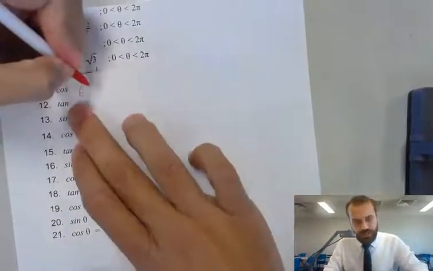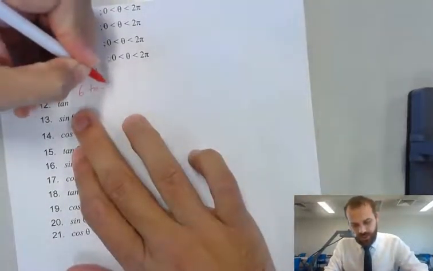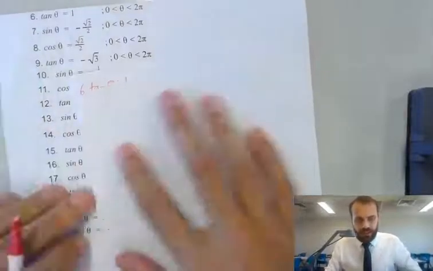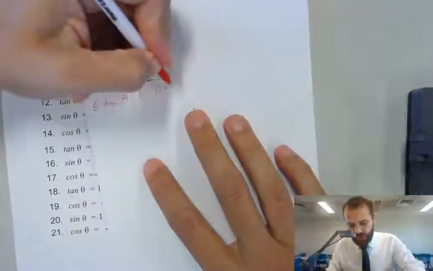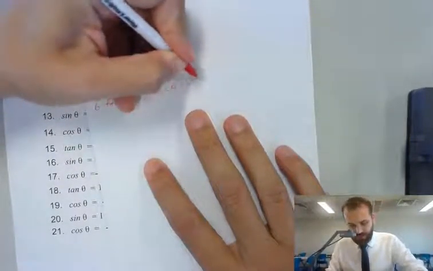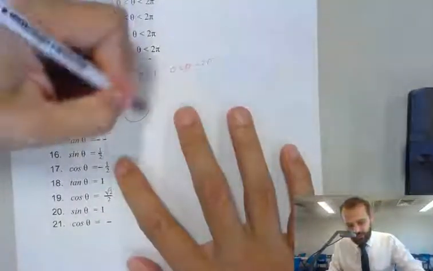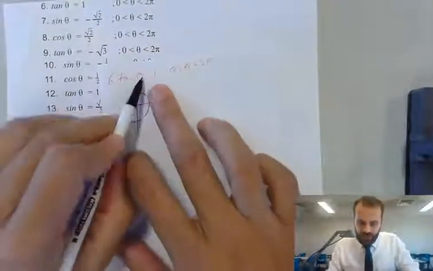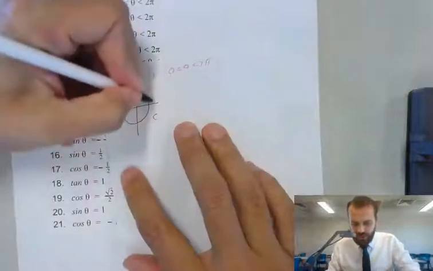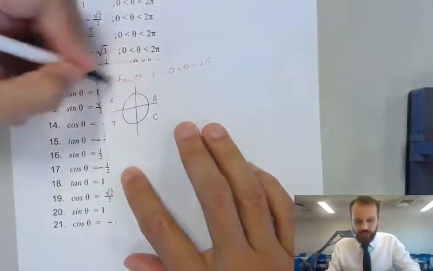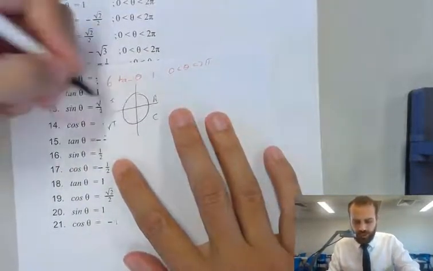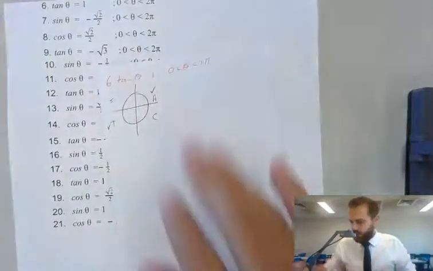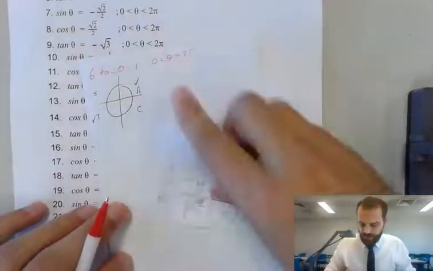Okay, so question 6 here is tan theta equals 1. Again, this is between 0 and 2 pi. So circle, check it. It's a positive question, so CAST. It's a tan question, so it's going to be in the tan quadrant and the all quadrant. Bringing my little piece of paper over here.